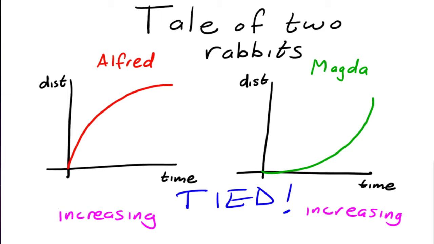So if you look at the slope of the tangent line of Alfred, and you look at the slope of the tangent line of Magda at the beginning, notice how Alfred starts off really steep and then kind of levels off towards the end. So starts high, very steep, and ends with a low tangent line. Magda, though, starts low and ends high.